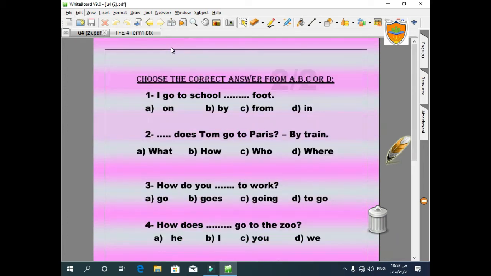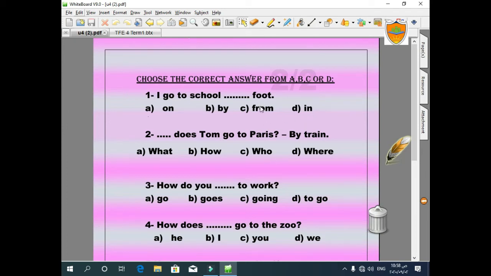Now, let's practice and try to answer with me. Number 1, I go to school blank foot. On, by, from, in.